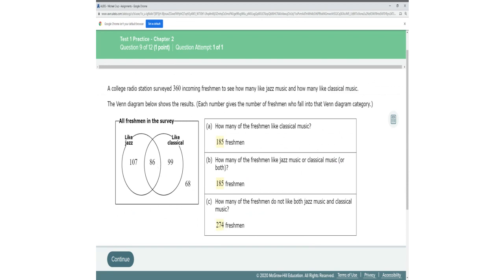See that? The system makes sure and tells you that, but I'm telling you, this is what's called the union. When you say one or the other, it implies both. So it's either one of these, because these people like jazz or classical. They also like both, but they like jazz or classical. These people like only jazz. These people like only classical, but they always in this system say or both.